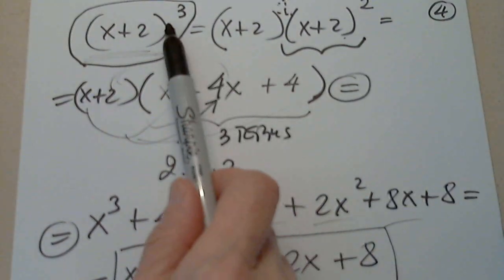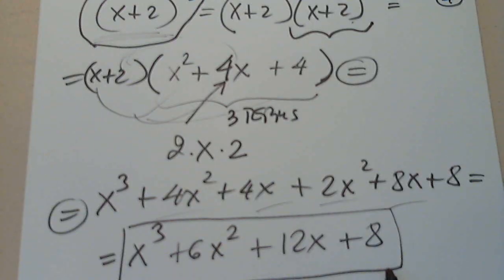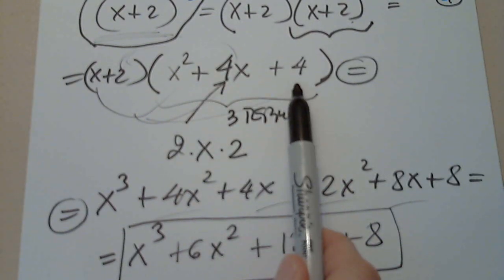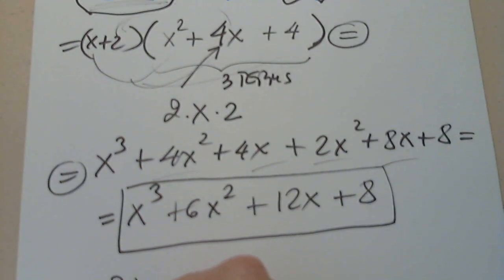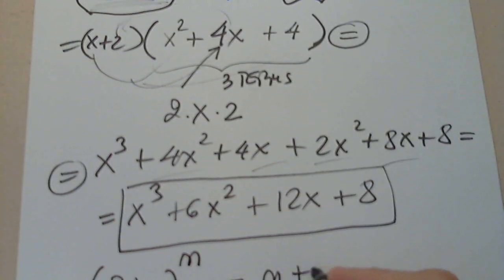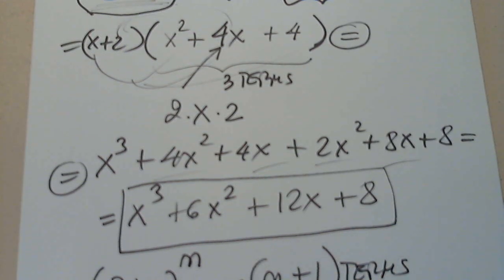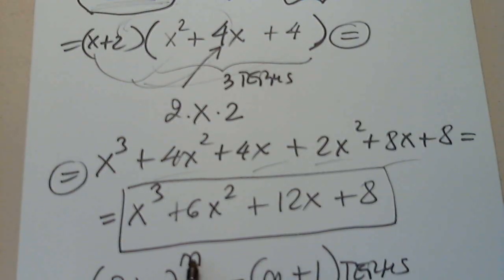The power here was 3, we got 4 terms. When the power is 2, we get 3 terms. Always a binomial to power n results in n plus 1 terms. If the power is 2, I have 3 terms. If the power is 3, I have 4 terms. If the power is 10, I have 11 terms, and so on and so forth.